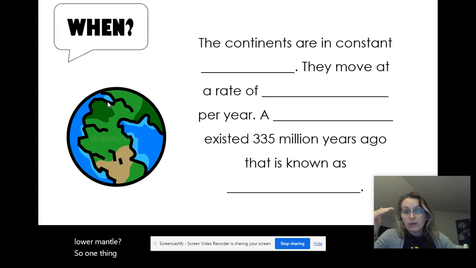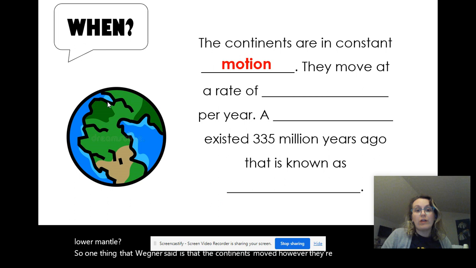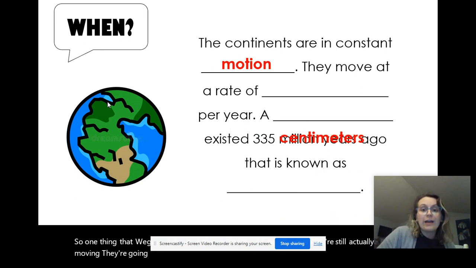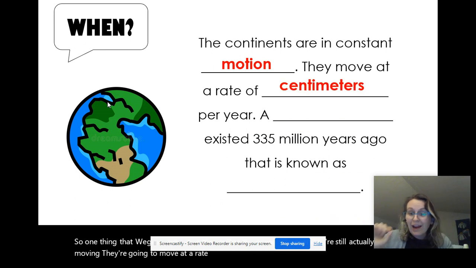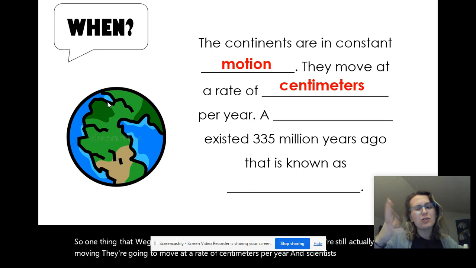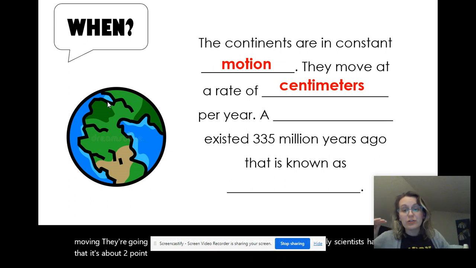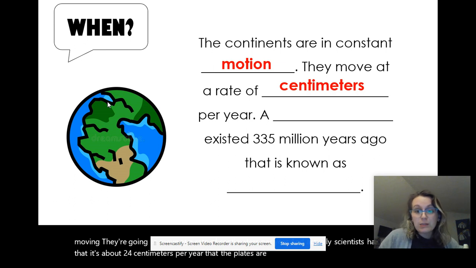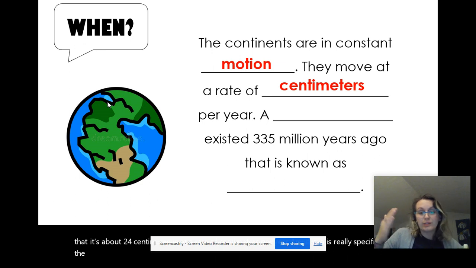So one thing that Wegener said is that the continents moved. However, they're still actually moving. They're going to move at a rate of centimeters per year. And actually, scientists have said that it's about 2.4 centimeters per year that the plates are moving. And this is really specific to the mid-Atlantic tectonic plate boundary, okay?